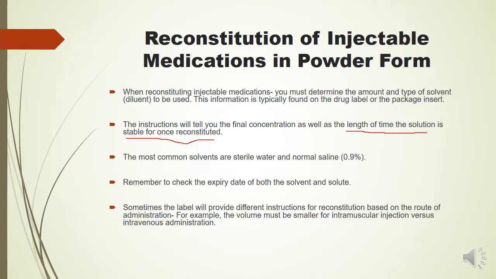Now, that stability is very important to us because, for example, we have a patient who's on Ancef and we've reconstituted it in a vial, well, perhaps this specific type is only good for 12 hours. It's only stable for 12 hours once reconstituted.